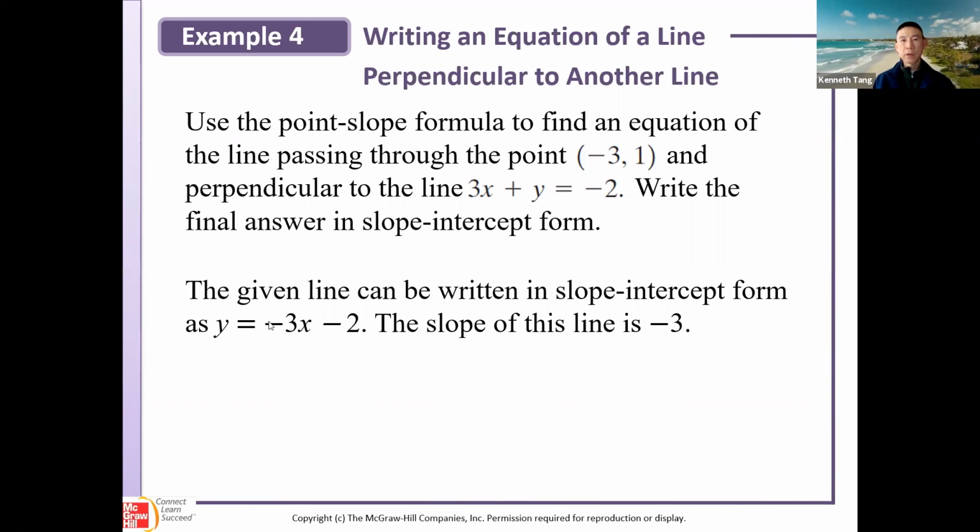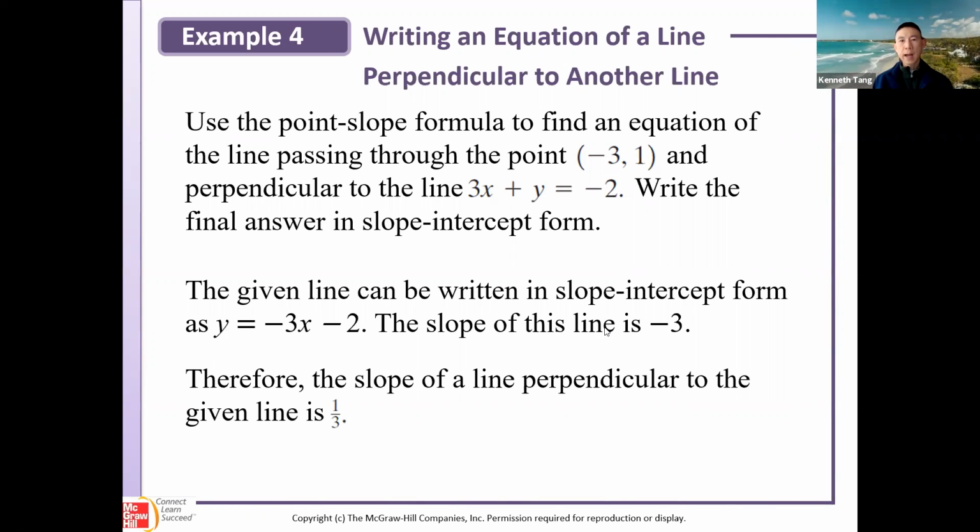So from here, you know that the slope is equal to -3. Because they're looking for the perpendicular slope, you're going to have to find the opposite reciprocal of that slope. The opposite reciprocal is going to be 1/3.